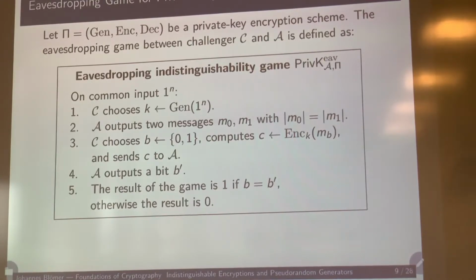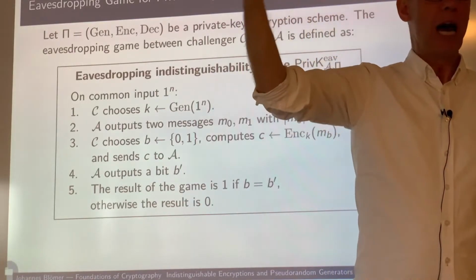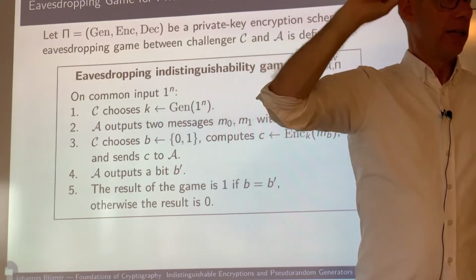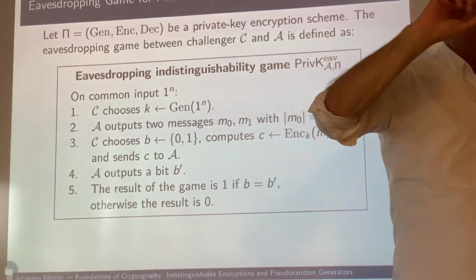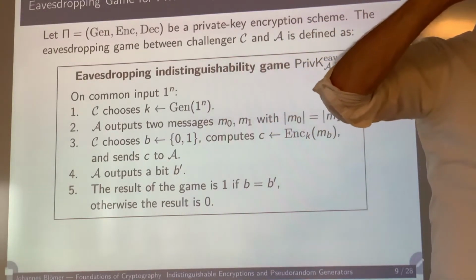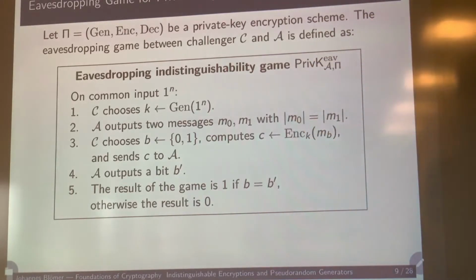Here I assume this is a private key encryption scheme for arbitrary length. And I will require that the adversary outputs 2 messages of the same length. That's a little bit different from what we had before. I'll explain the reason for this later.